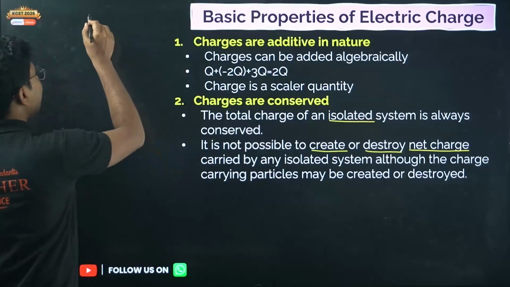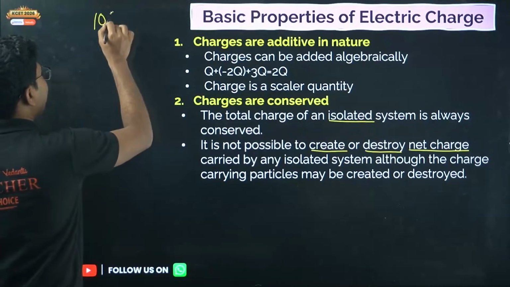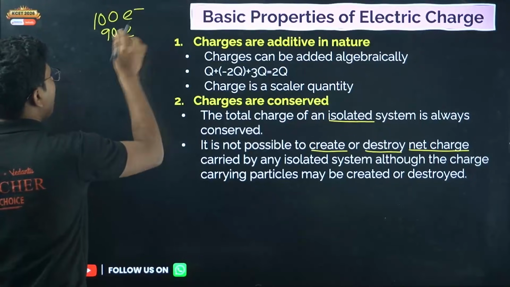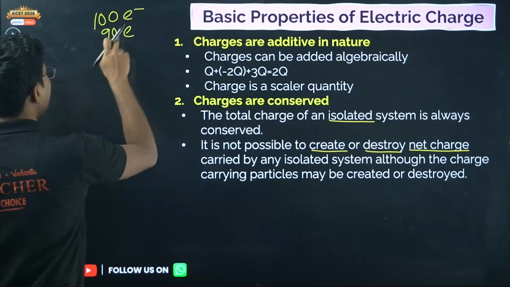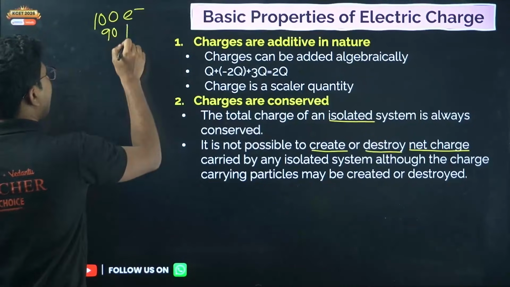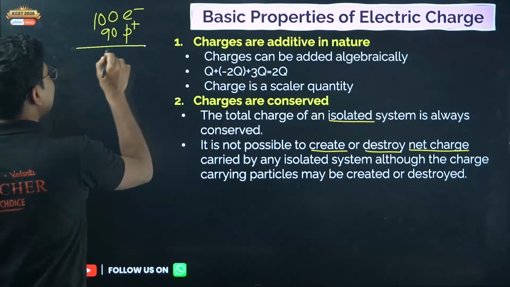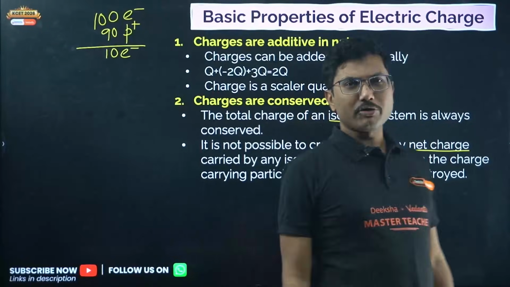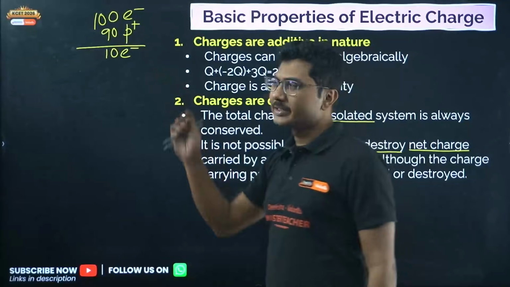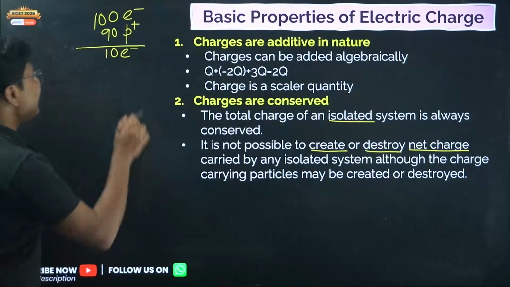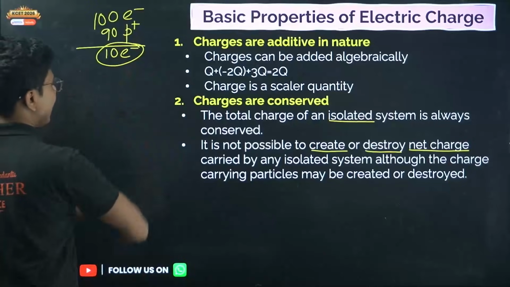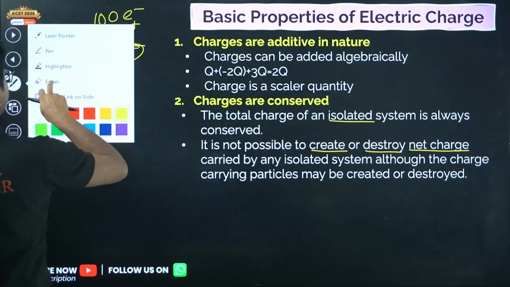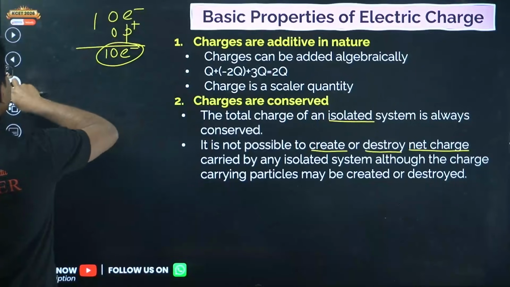So suppose an isolated system has 100 electrons and 90 protons. Now the net charge is 10 electrons, right? Protons are positive, electrons are negative, so the total net charge is 10 electrons. This net charge cannot be changed, but there are processes in which you can change these electrons and protons.